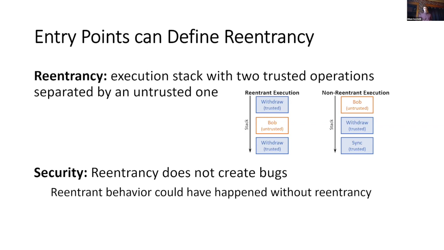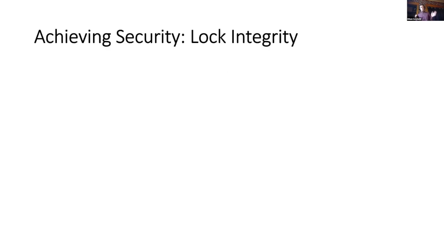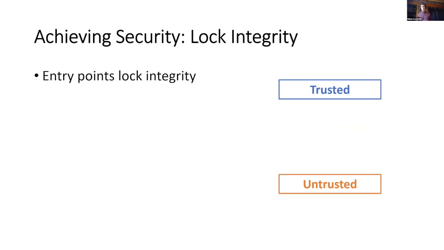The way we achieve it is using a reasonably straightforward locking mechanism in that we want to lock integrity levels. In particular, when we enter one of these entry points, we want to lock the integrity that it granted. So when Bob calls withdraw the first time, we go into an entry point and we grant integrity from untrusted to trusted.